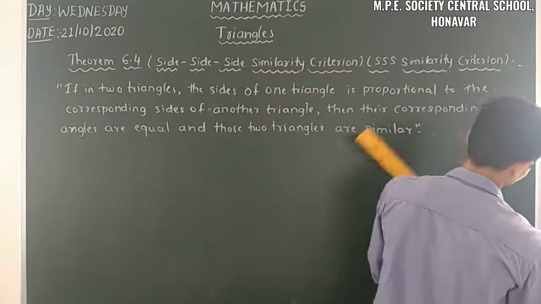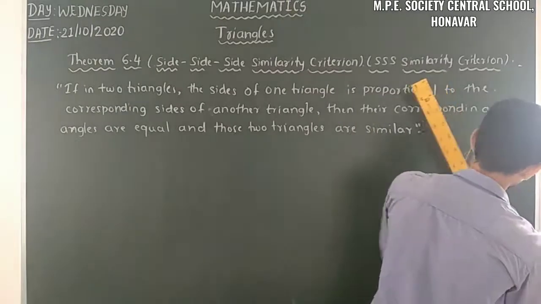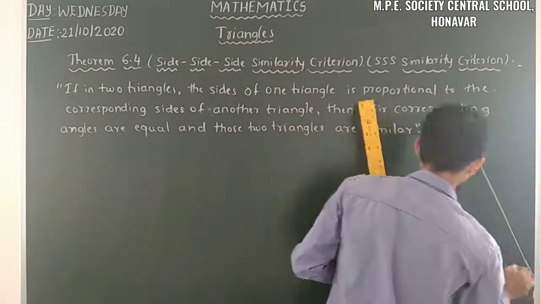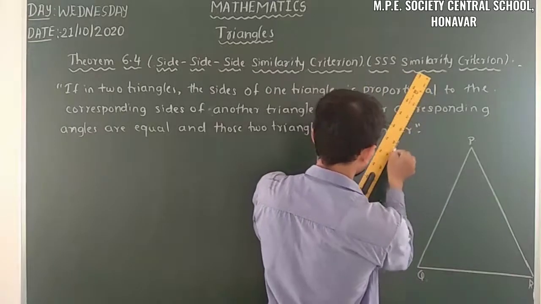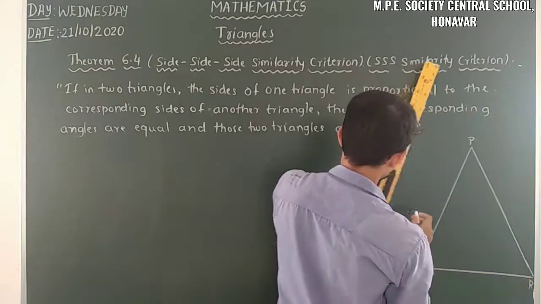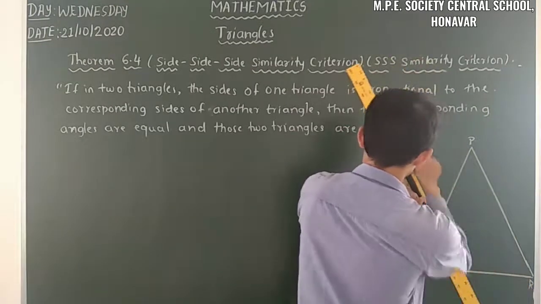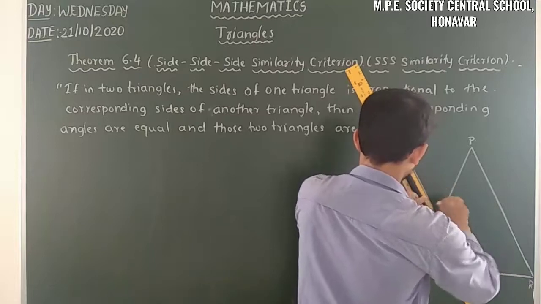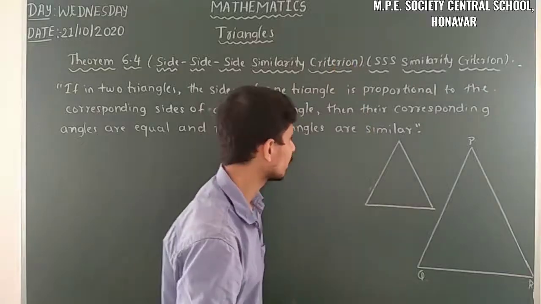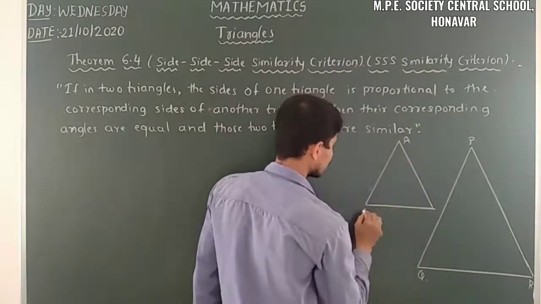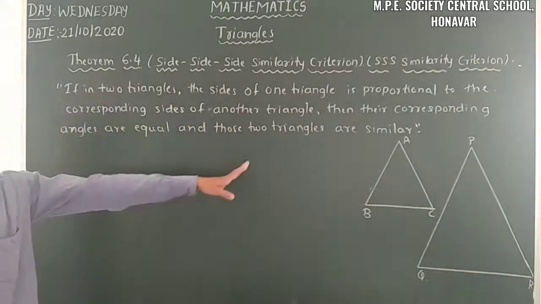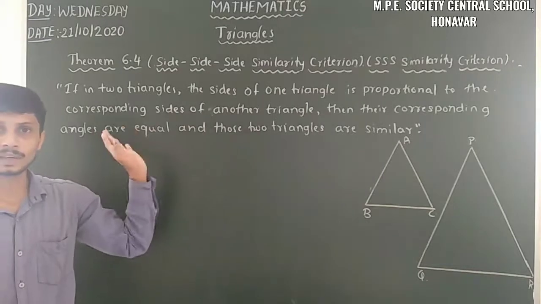One triangle I consider as PQR, and here is another triangle, which I will consider as ABC. Yes, we have our two triangles here.